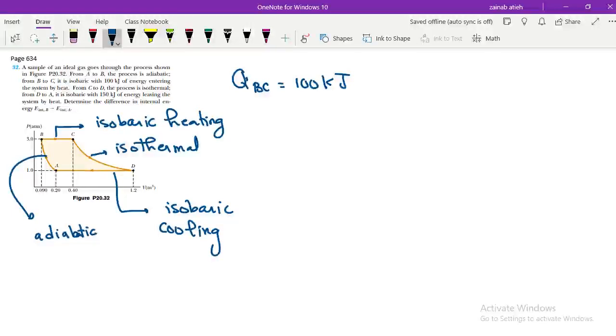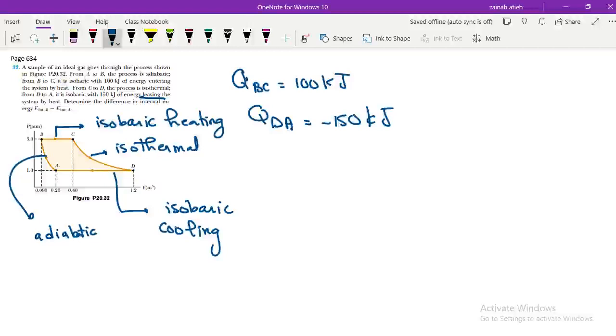From D to A, it is isobaric with 150 kilojoule of energy leaving the system by heat. So he said that it's leaving the system, which I did expect. Okay, so Q_DA is equal to minus 150 kilojoule. For sure this must be changed into SI unit. I should never use kilojoule. I have to use the joule.